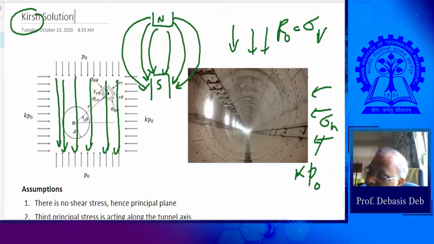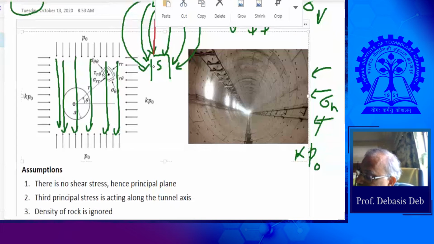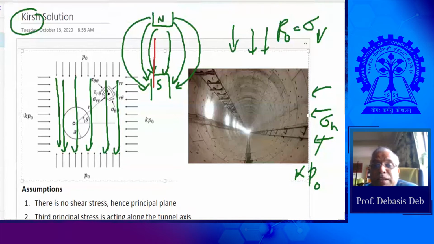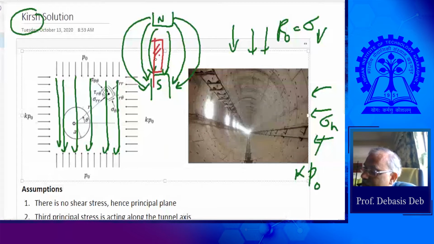Now, you tell me this. If I put a magnetic material here, one minute. Okay. If I put a magnetic material here, which attracts the magnetic field, how will the lines go?